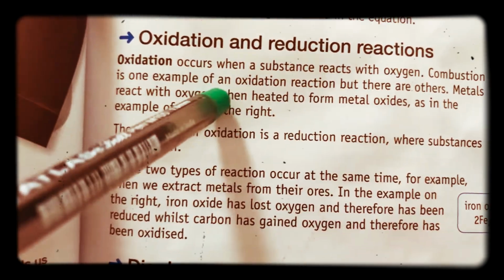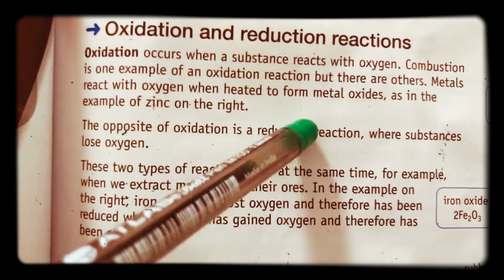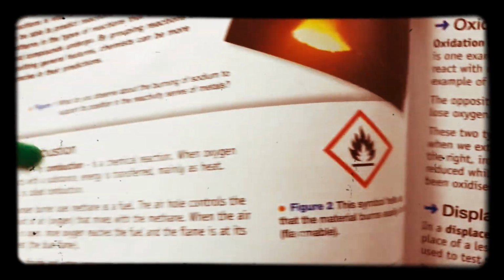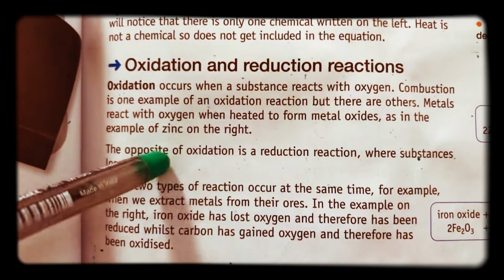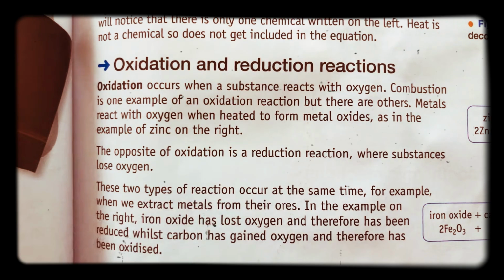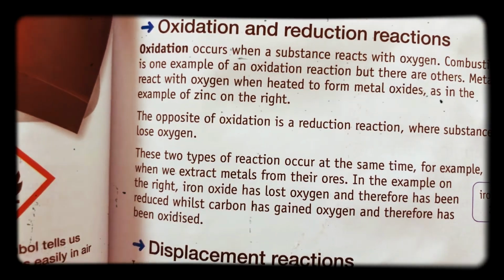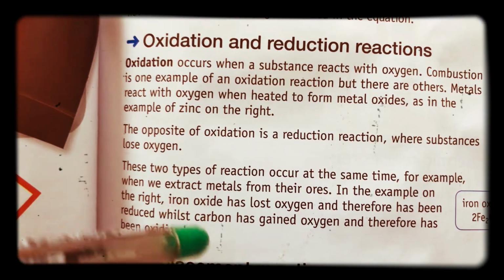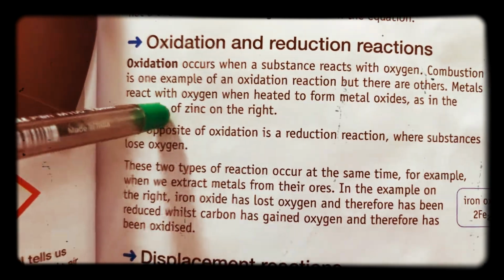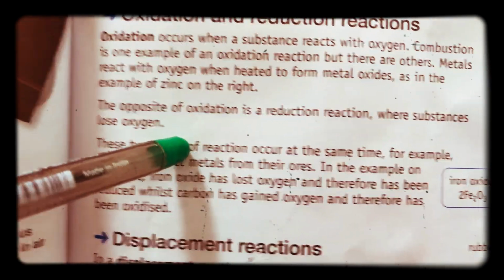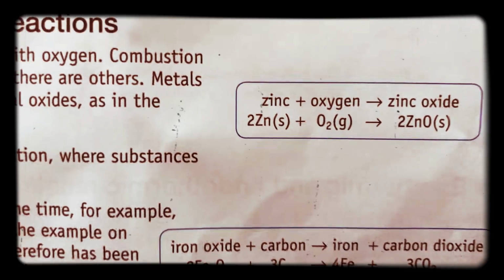So the oxidation occurs when a substance reacts with oxygen. So combustion, which we've just covered over here, is also an example of oxidation, but there are others. We've studied magnesium heated in air to form magnesium oxide. It's a direct synthesis. We've got an example of another metal, which is zinc over here.